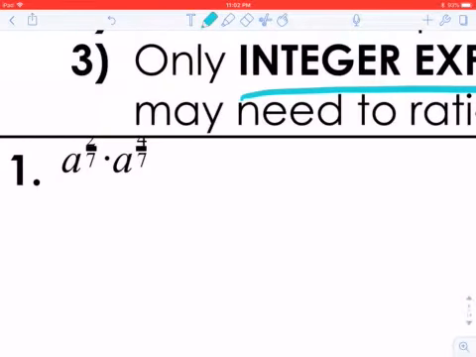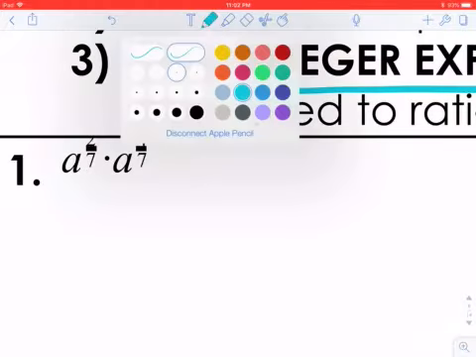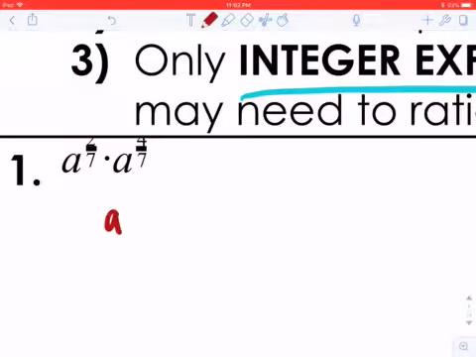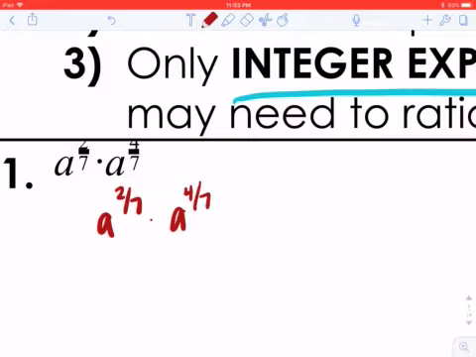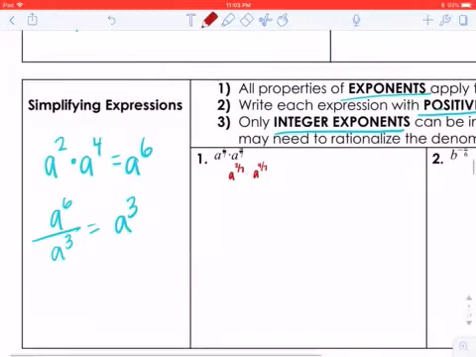This problem says a to the 2/7 times a to the 4/7. So I see here that this is like this problem here, where we add them together.